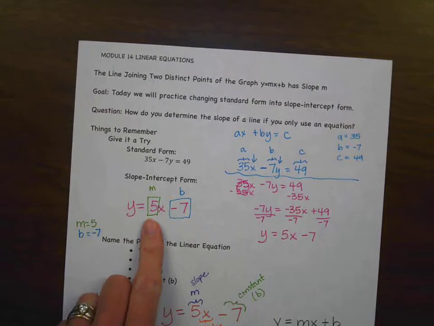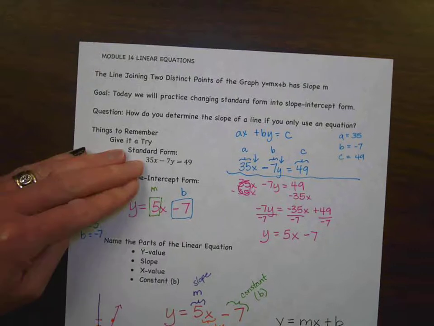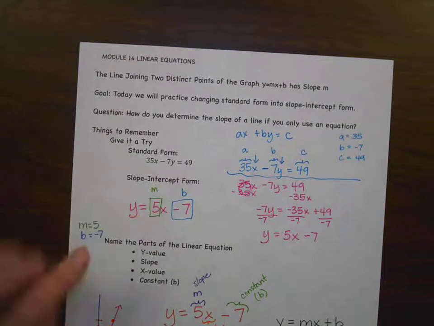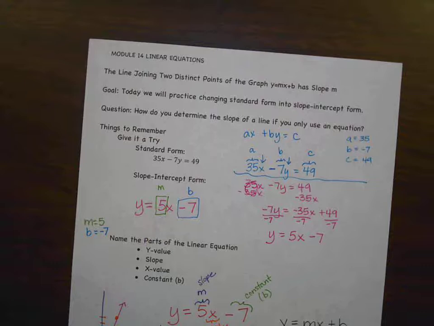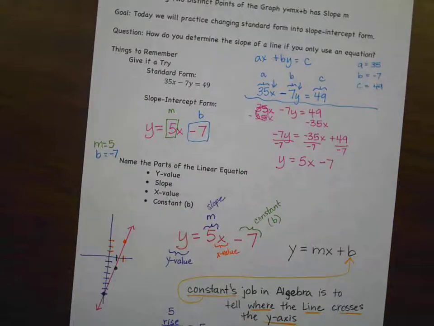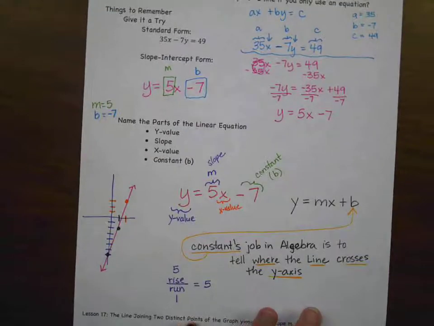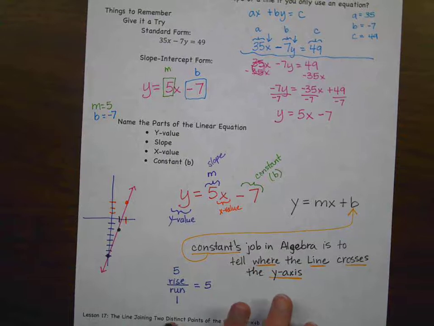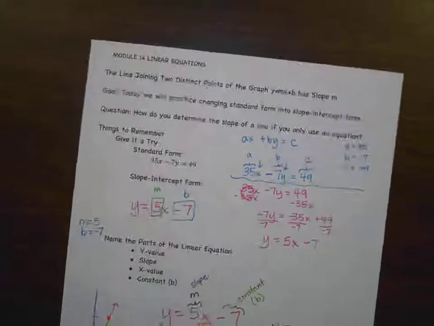Because just by doing math, you found the slope. You don't have to add or subtract. You don't have to plot 2 points. You don't have to find the difference from the rise and find the difference from the run. All you have to do is convert from standard form to slope-intercept form, and then you've got your slope right there. Okay?